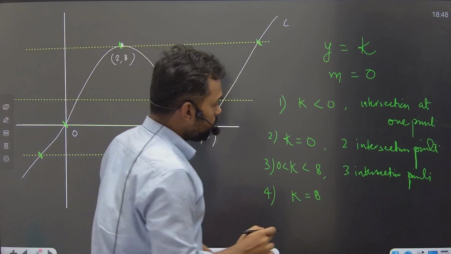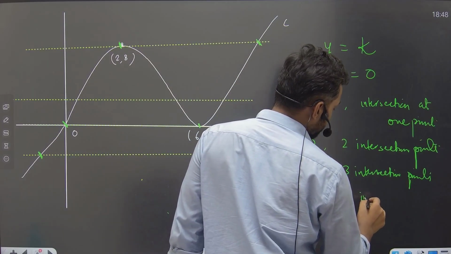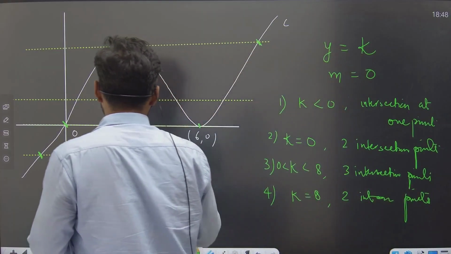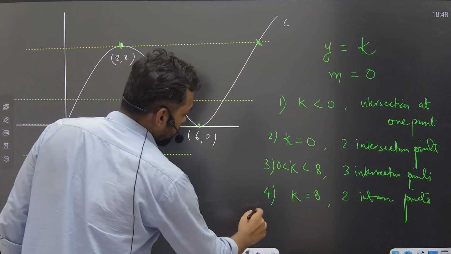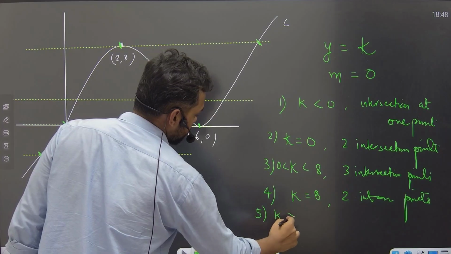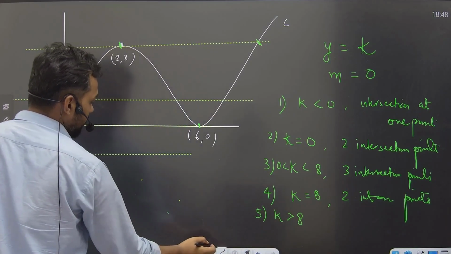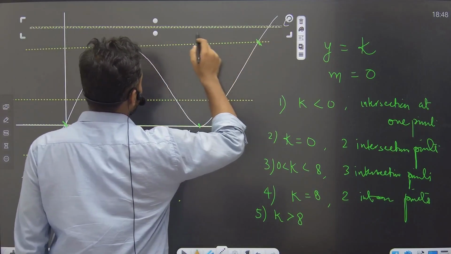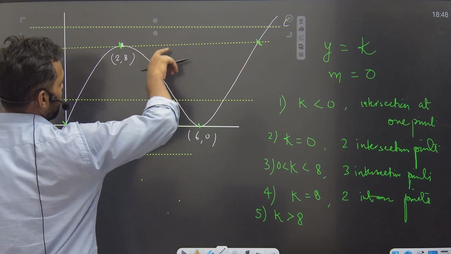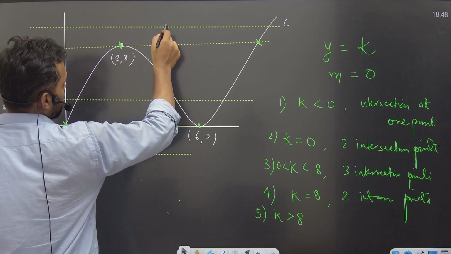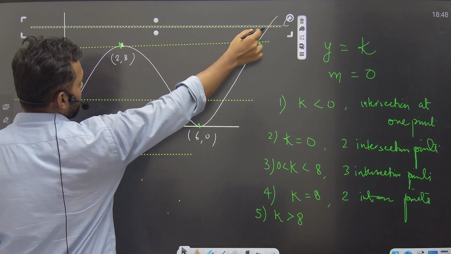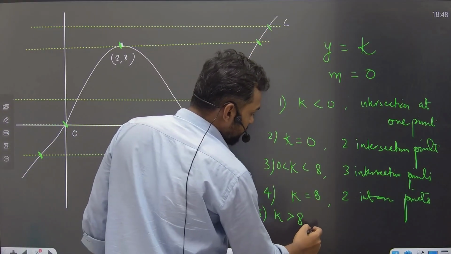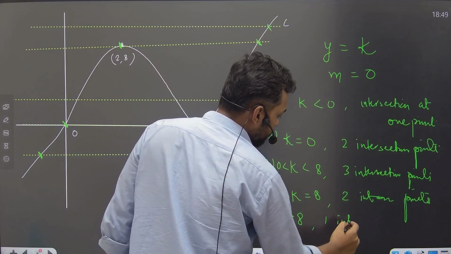So when k is equal to 8, we are getting two intersection points. Now last case, students, when k is greater than 8. So when k is greater than 8, this will be the line. It is getting intersected only at one point. So for k greater than 8, one intersection point is possible.